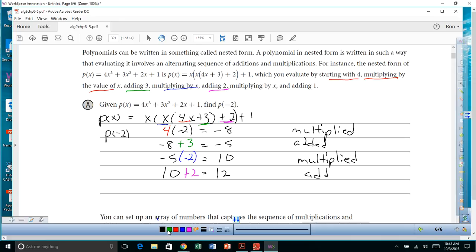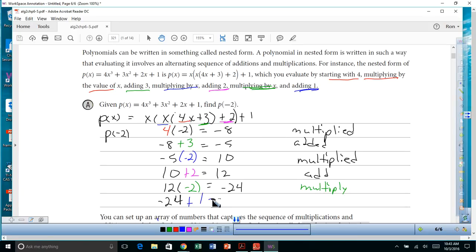The next step is to multiply by x. So we're going to multiply 12 times negative 2, and that gives us negative 24. And again, we're going to add 1.